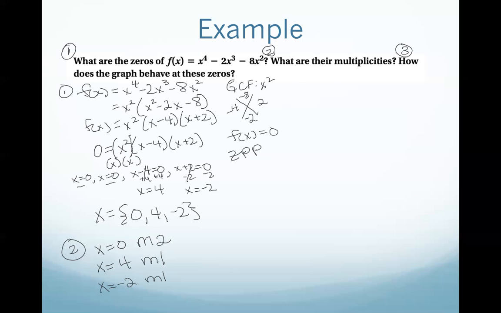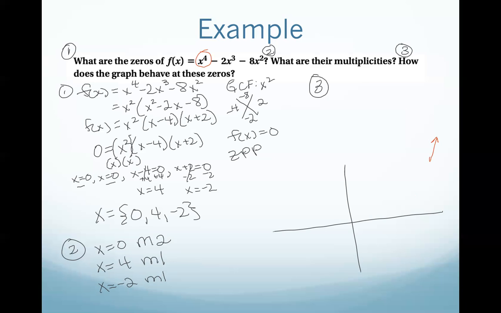How does that change the graph, right? Number 3. What does the multiplicity have to do with the graph? So I'm going to sketch a graph here. And I'm going to start with end behavior. X to the 4th has what type of end behavior? It's positive and even.